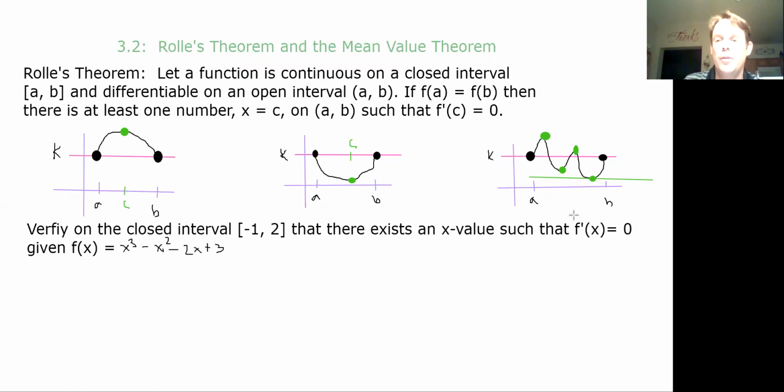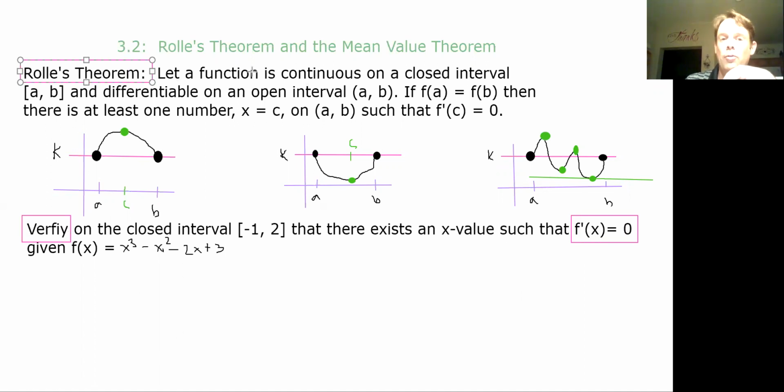So, anyways, here's our little key. As soon as I see that I'm trying to verify a derivative equal to 0, verifying a derivative equal to 0 means Rolle's theorem. Now we've already done a verify thing.